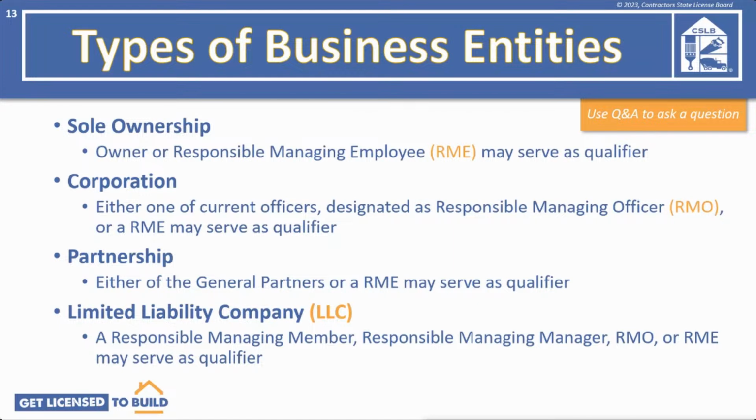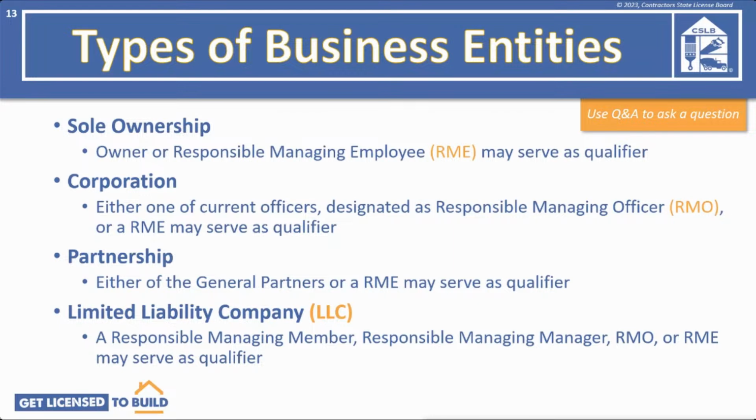Second, a corporation, where either the current officers designated as the responsible managing officer or the responsible managing employee may serve as the qualifier. Just under 1/3 of our licenses are corporations. A distant third is a partnership, where either of the general partners or a responsible managing employee may serve as qualifier.